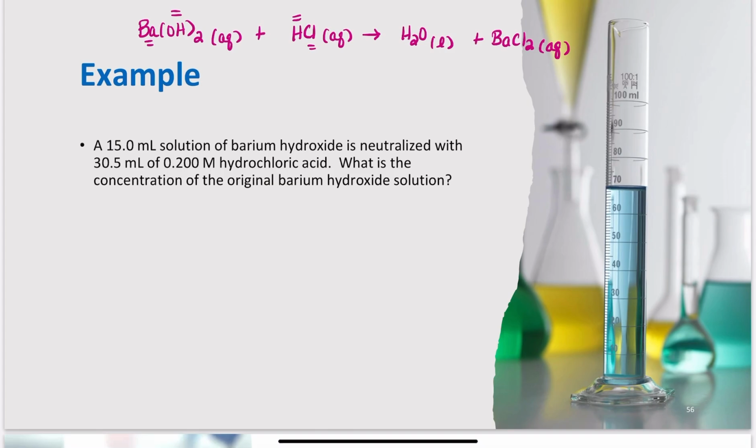And so because I have 2 chlorides, I'm going to need 2 HCl's. It's also causing me to form 2 waters. So I want the concentration of the barium hydroxide. So I want the number of moles of barium hydroxide that I had at the start per liter of the barium hydroxide solution.